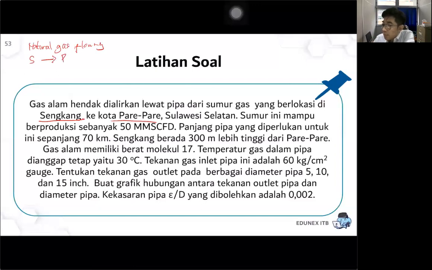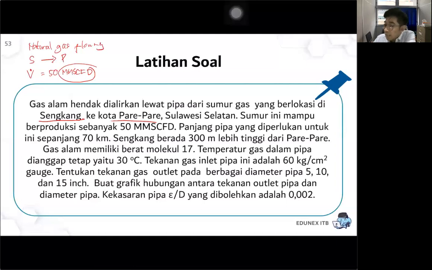And then the flow rate of the well, because the natural gas is produced in a certain well, the flow rate of the well is 50 mmSCFD. This is the term that is normally used in the oil and gas industry. So the flow rate is quantified with the unit of mmSCFD, million standard cubic feet per day.